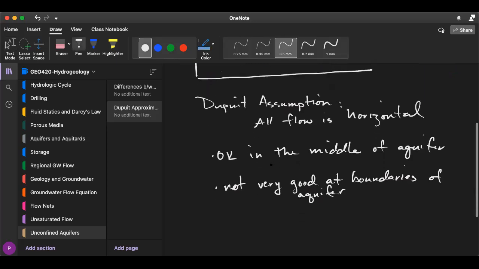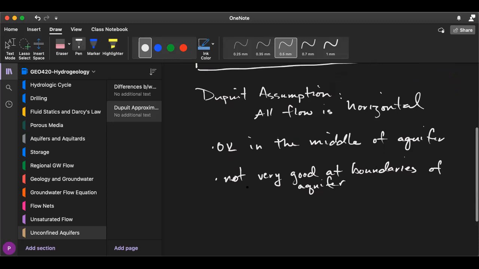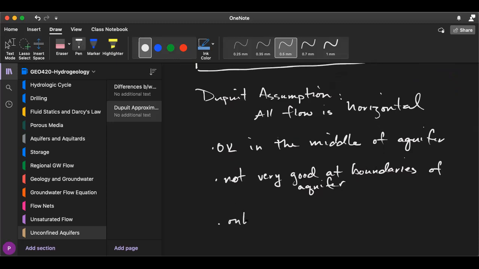It's only valid where the water table slope is small, which for most flatland applications is totally fine. For poor Jenna, who's doing hydrology up in the mountains, the Dupuit assumption kind of sucks.